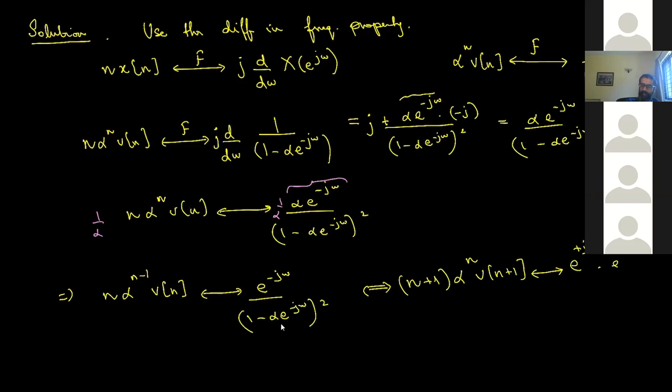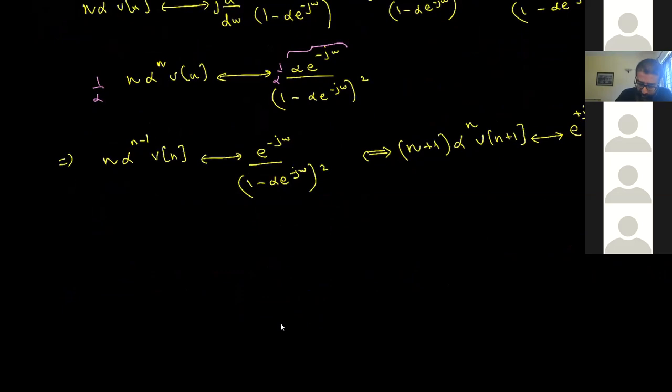So this is e raised to power minus j omega times 1 minus alpha e raised to power minus j omega whole squared. Right? So this means n plus 1 alpha raised to power n u of n plus 1 ka Fourier transform.